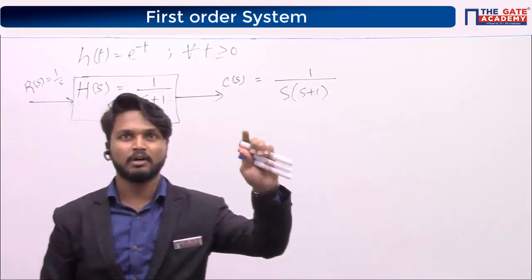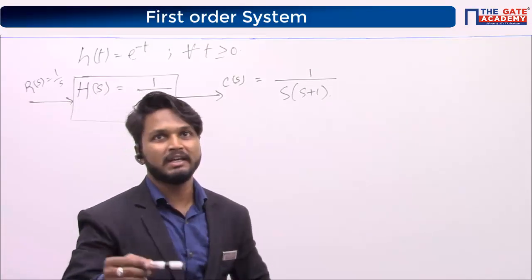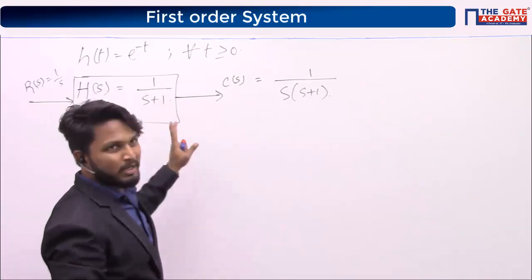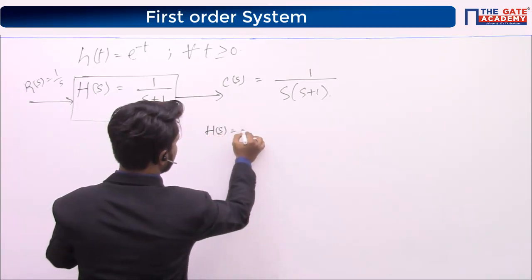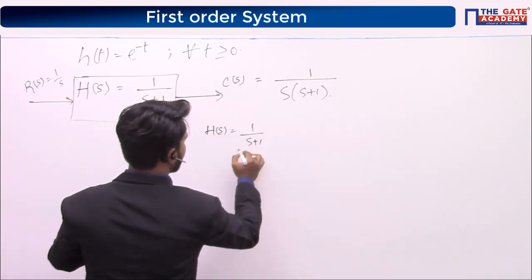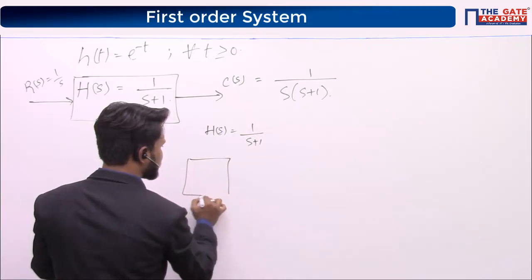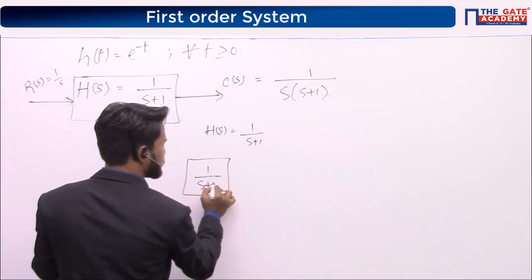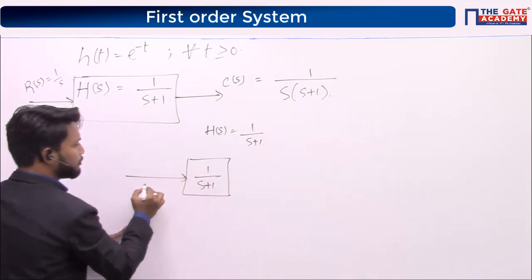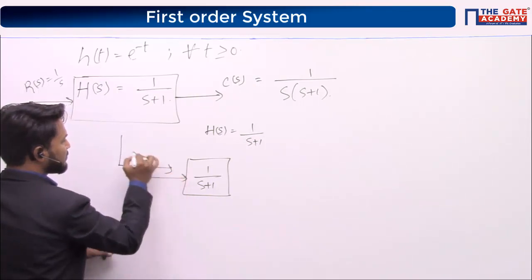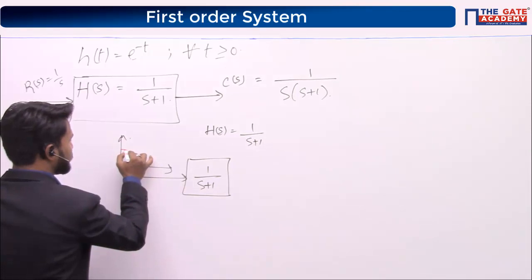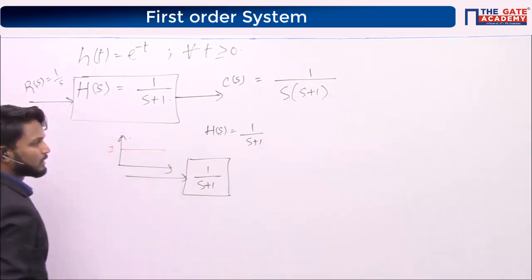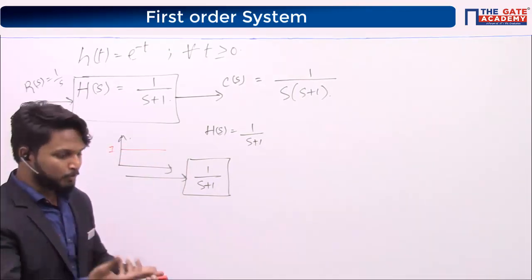Now the method of using kdc. What is the transfer function you got? Transfer function is h of s is equal to 1 by s plus 1. To this particular system, 1 by s plus 1, we are giving a DC input. What is the DC input? Step input. Step input of what magnitude? The magnitude of the step input is 1. So what will be the output?